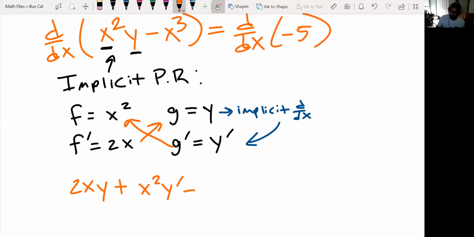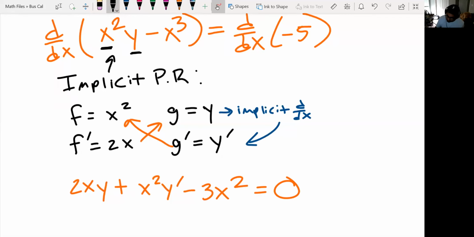And then minus, we got x cubed up there. The derivative of x cubed is 3x squared. And the derivative of -5, 0. Okay, it's done. Well, it's not done. We have to solve for y prime, but the derivative is done. From here on out, it's algebra.